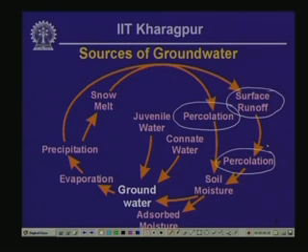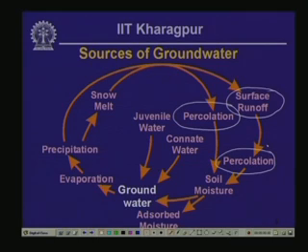And there is another source of groundwater which is called connate water, and this particular water gets trapped within the sediment, within non-interconnected voids in fact, and this water can remain trapped even after the sediment lithifies and sedimentary rock forms out of that process. So these are all the sources of groundwater.